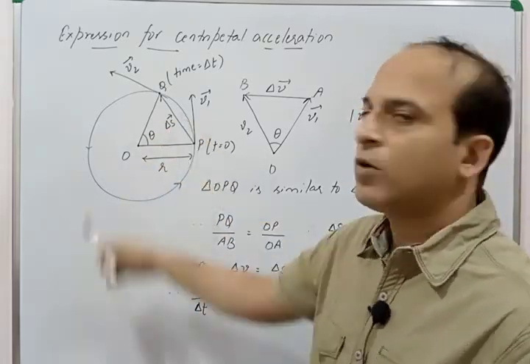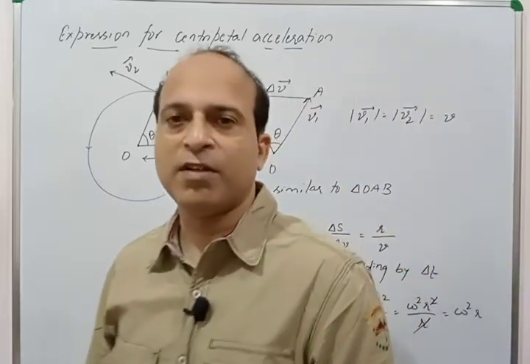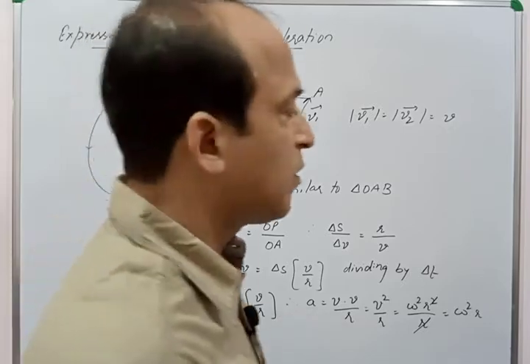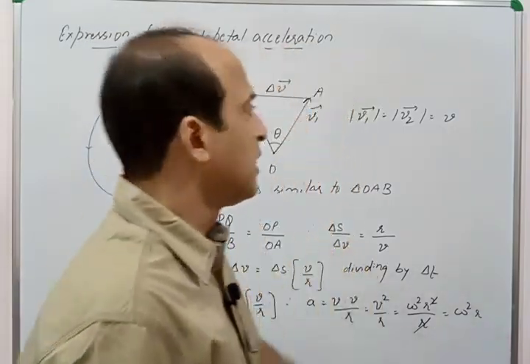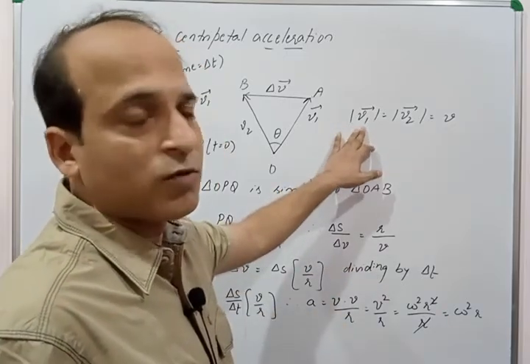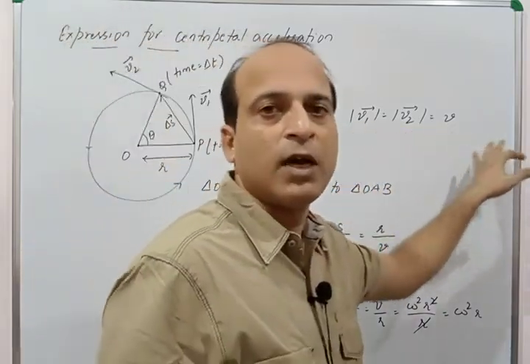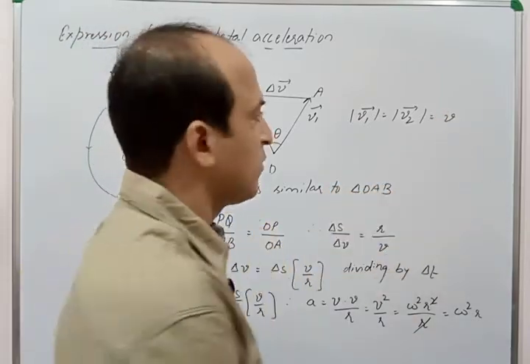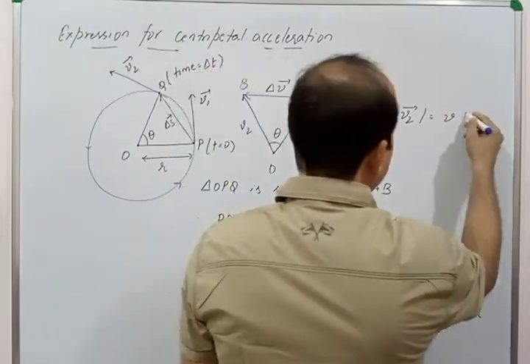At P and Q, I have drawn the velocity vectors of the particle, respectively v1 and v2. But as we all know, only direction changes in case of uniform circular motion. The speed does not change, मतलब magnitude नहीं बदलता. So the magnitude of v1 and v2 will be the same, v. Let the speed be v.